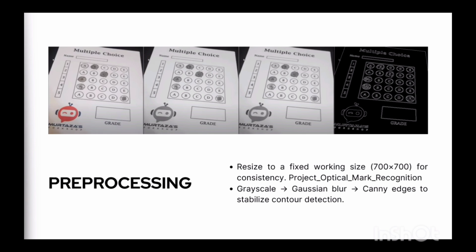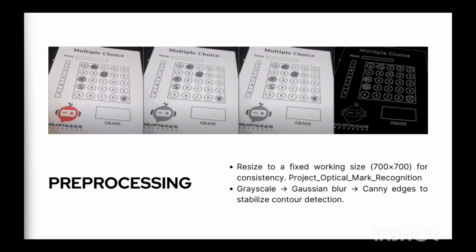Before we can analyze the exam sheet, we need to pre-process the image. The first step is to resize it to a fixed working size, in this case 700 by 700. This ensures consistency across all sheets, which is critical because the detection algorithm expects a standardized input. Next, we convert the image to grayscale to simplify the information and reduce computational cost. Then we apply a Gaussian blur.